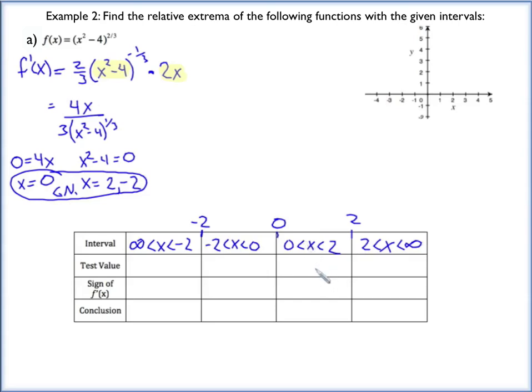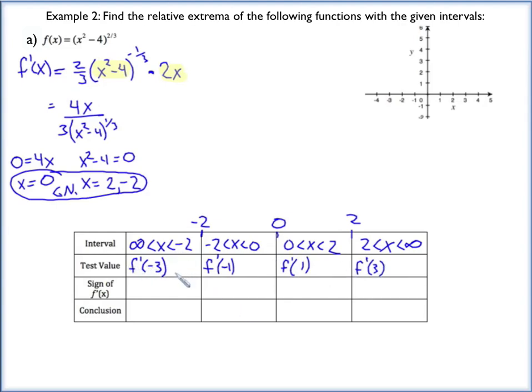Test values, I'm just going to pick negative 3. Here, I'll probably pick negative 1. Here, probably pick 1. And here I'll pick 3. Okay, and again, all we're caring about is the sign.